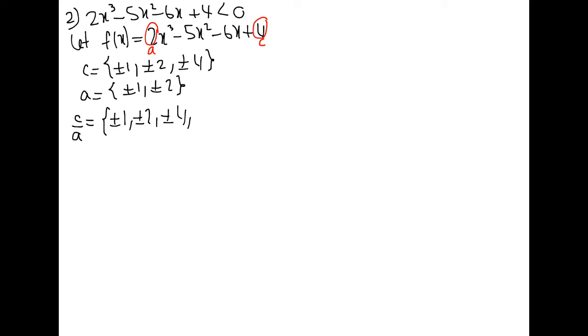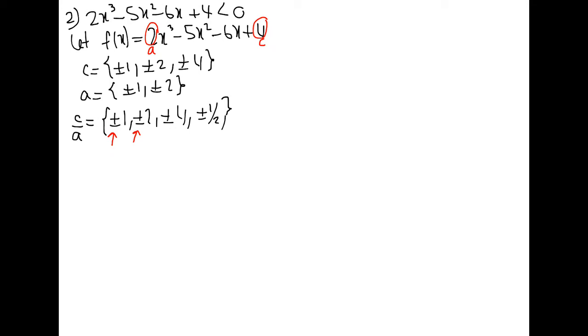Now, 1 divided by 2 is plus or minus half. Now, as you can see here, 2 divided by 2 is 1. So that's the one which I already have in the set, so I do not write it again. And similarly, 4 over 2 is a 2, so I already have it in the set, so I do not write it again. So this is it for c over a.